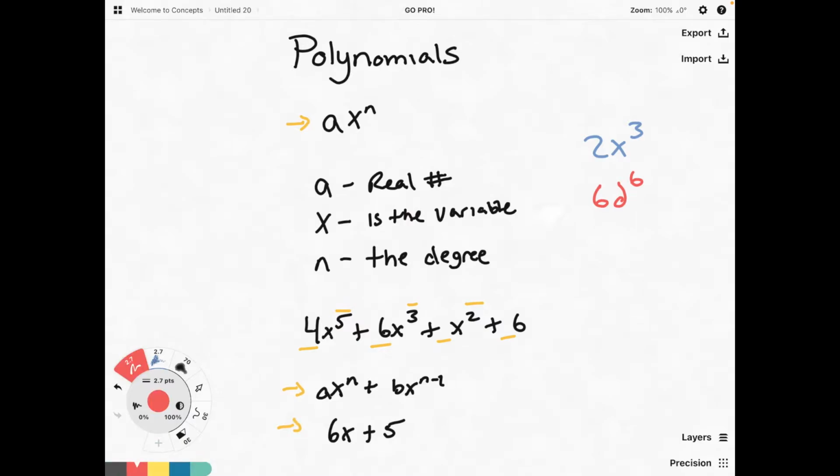If we did that, we would have 6x to the 1 plus 5x to the 1 minus 1. This simplifies to 6x plus 5 times x to the 0. Anything to the 0 is equal to 1. This would reduce to 6x plus 5. And that's how we get here.